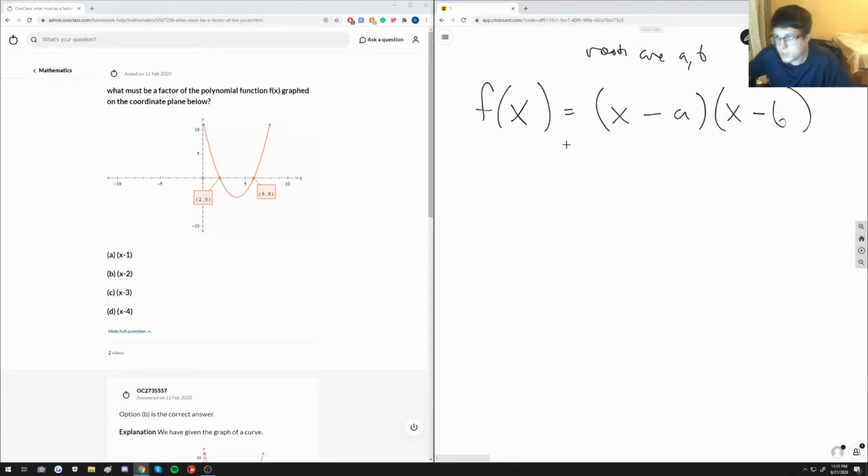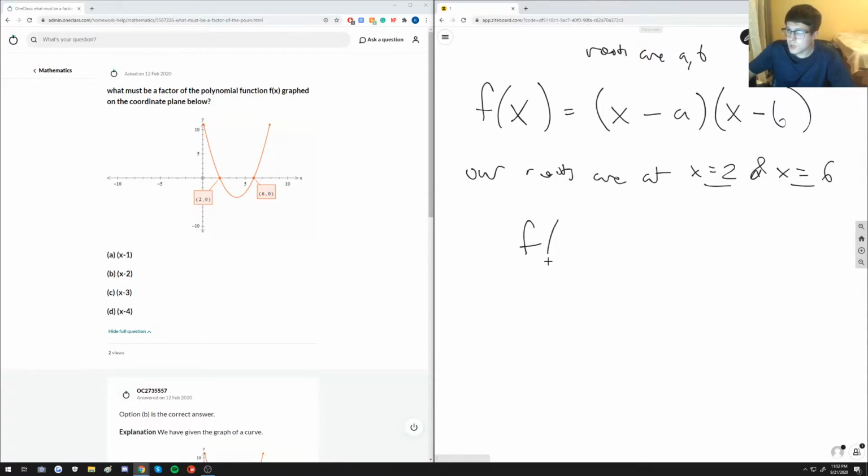So with that being said, we can say that our roots are at x equals 2 and x equals 6. Knowing the location of our roots, we could then plug them in for a and b, and we get that f of x is equal to x minus 2 times x minus 6.